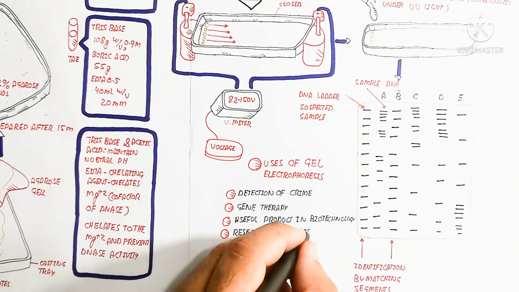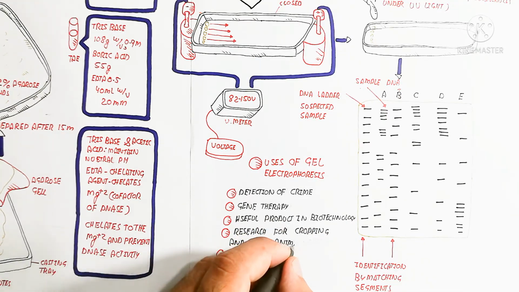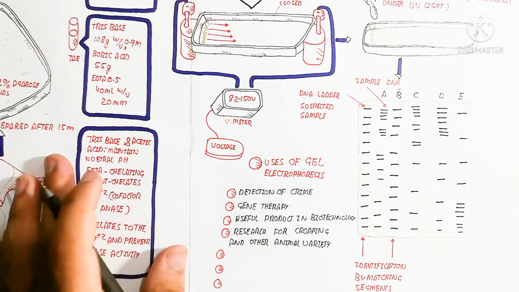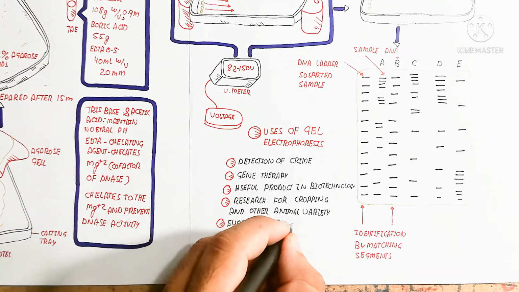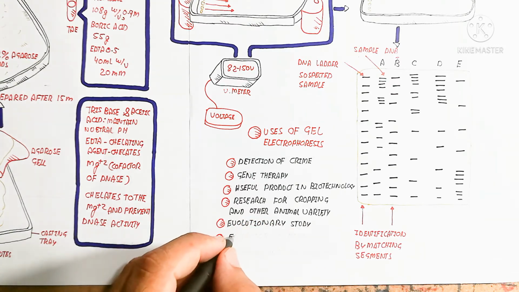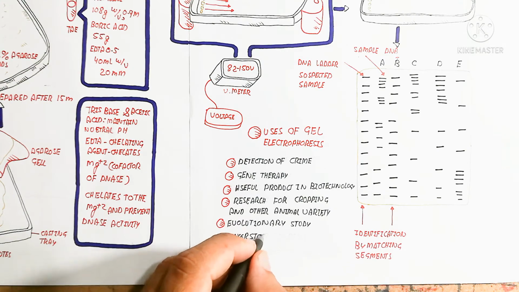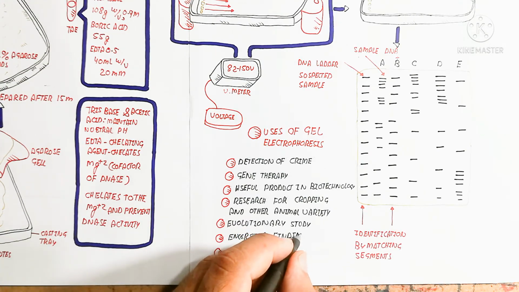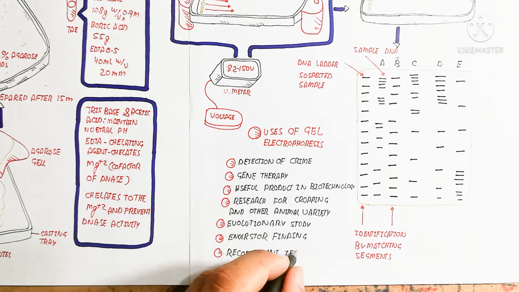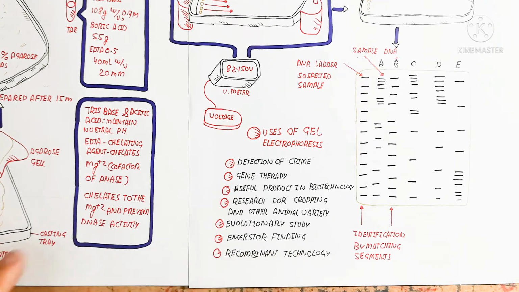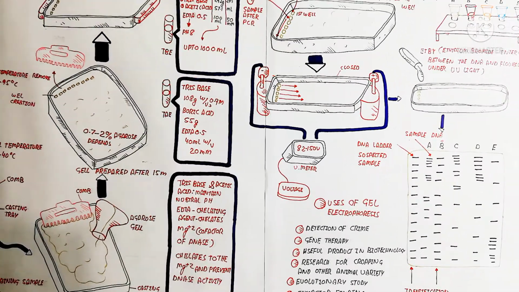So we are checking the cancerous cell, and we can change their segments. Or on the other hand, gene therapies are used as a disease prevention method by genetic change. It is also useful in biotechnology research for cropping and other animal varieties, evolutionary study, ancestral finding and recombinant technology. So all things are done here.